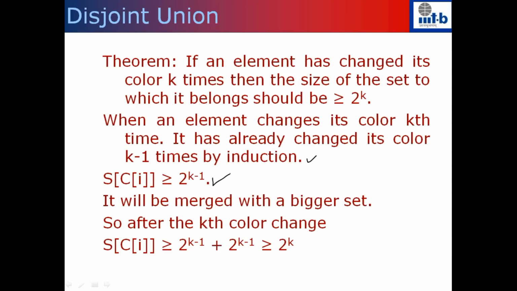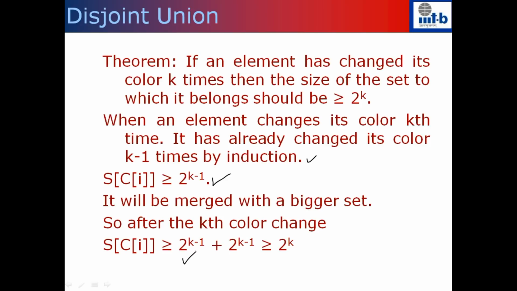But when you merge this set with a bigger set, you are always merging a smaller set with a bigger set. So the elements in the bigger set don't change their colors. Only elements in the smaller set will change their colors. So every time a smaller set will be merged with a bigger set. After you do the color change, the set to which it belongs is at least 2 to the power k minus 1.